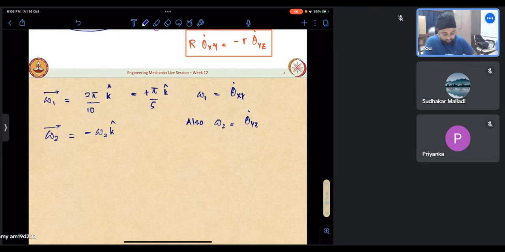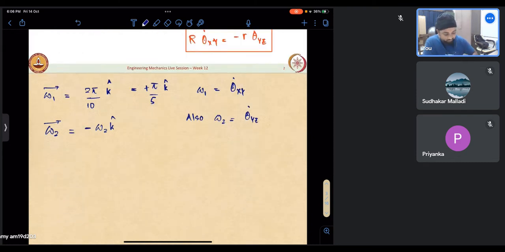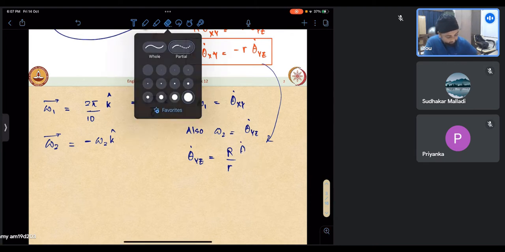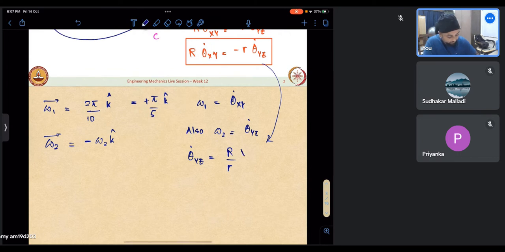But we have this relation. So from here, theta YZ dot is nothing but R by small r times capital theta dot of XY, which is nothing but omega 2 is minus 4 by 2 omega 1.